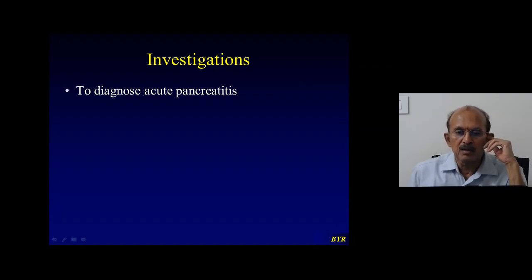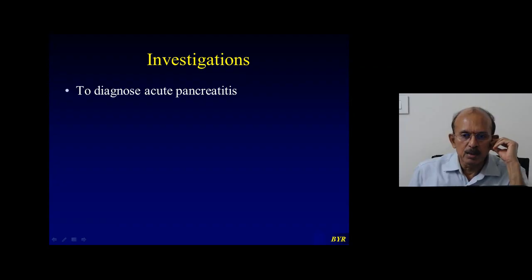The non-communicating ones will resolve on their own, or they can be aspirated percutaneously or transgastrically through an endoscope. The communicating type requires enteric anastomosis. That means anastomosis with the stomach, or C loop of the duodenum, or jejunum, depending upon the nearest viscera that is adherent to the pseudocyst.